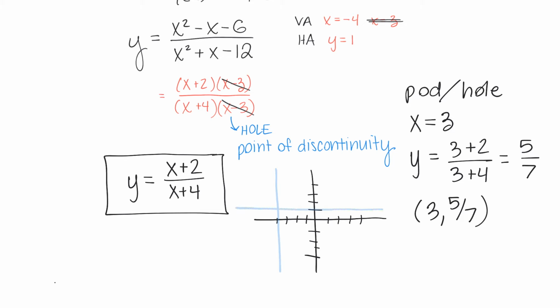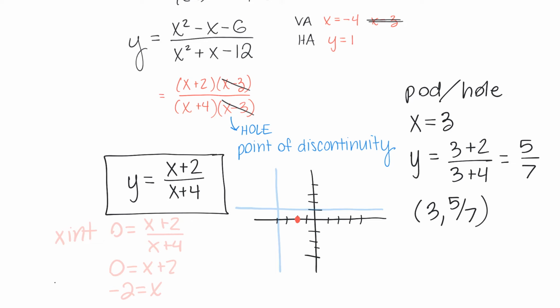And now I also need to find my x and y intercepts. To find my x-intercept, I replace y with 0. So I'm going to have 0 equals x plus 2 over x plus 4, which is 0 equals x plus 2, which means negative 2 equals x. So I have an x-intercept at negative 2.